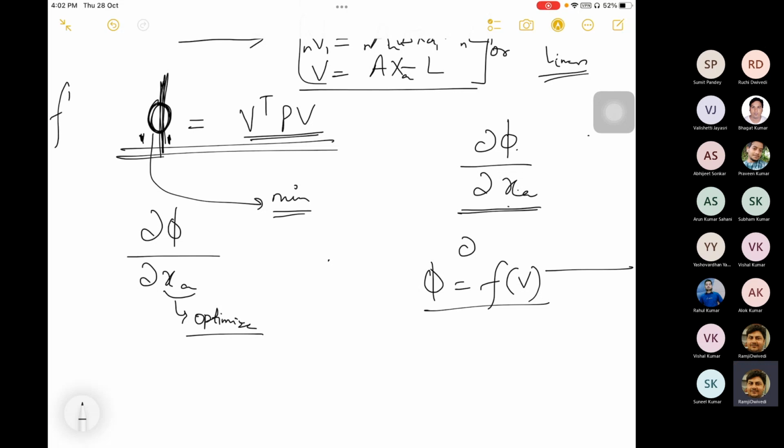Please remember, it is a function value. It is not a matrix. And matrix minimization we are not attempting here. We are attempting the function value minimization. Please remember always. So it is an optimization function which you can think of. We are not minimizing any matrix. Instead, we are minimizing the function value. That's what I'm trying to say here.